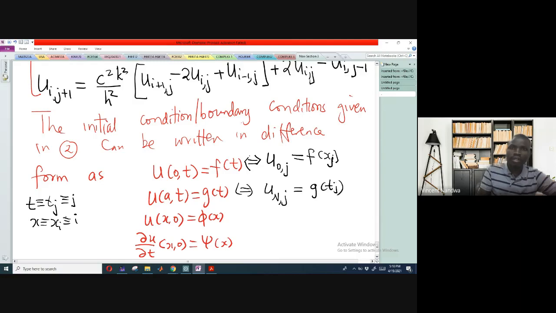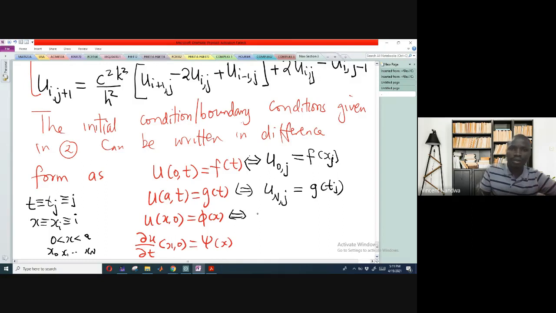Remember the interval for x runs from 0 to a, and we divide it into x0, x1 up to xn. So xn is the same as a, which is n in this notation.